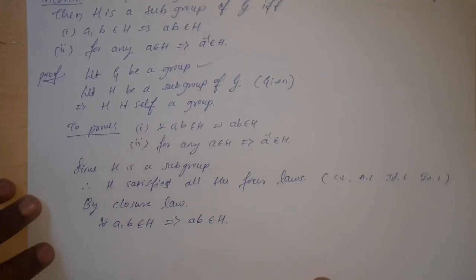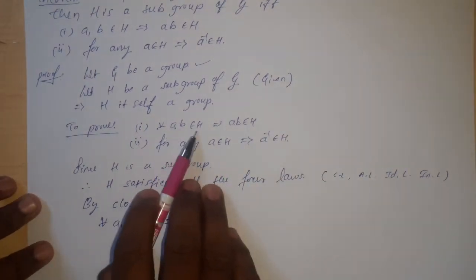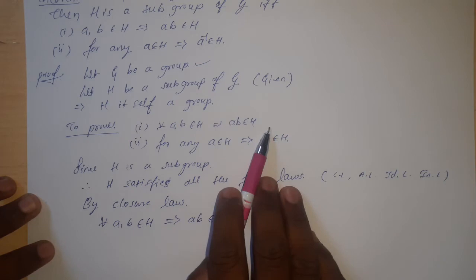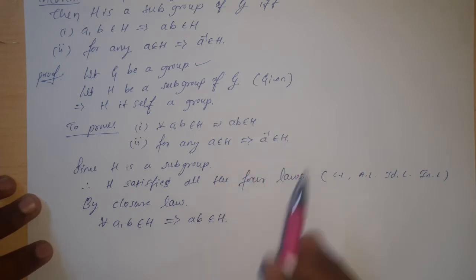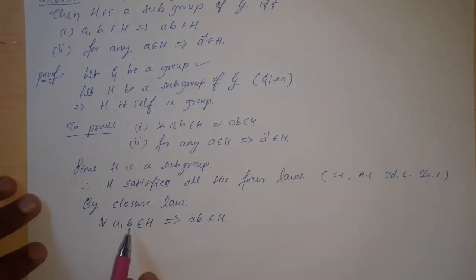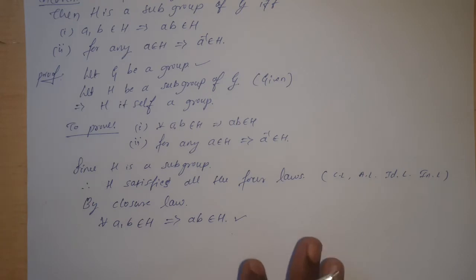So therefore our first point is: for all A, B belongs to H, it implies that AB belongs to H. So therefore the first point is over, by using the closure law.